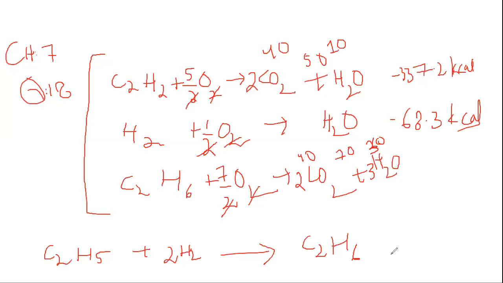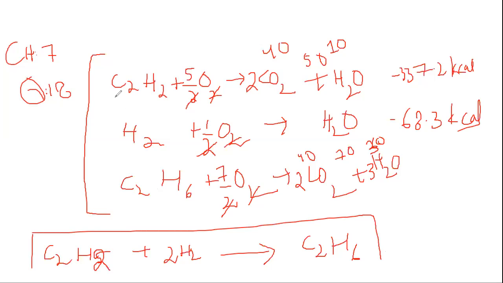How can we make this equation? You have to add, you have to subtract, you have to multiply. Whatever you can do, you have to do to make an equation. The important thing here is, you have to write C2H2, not C2H5.